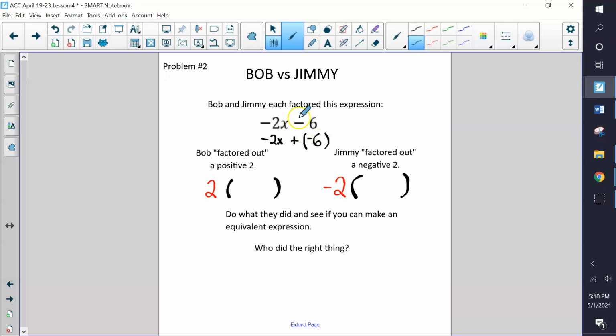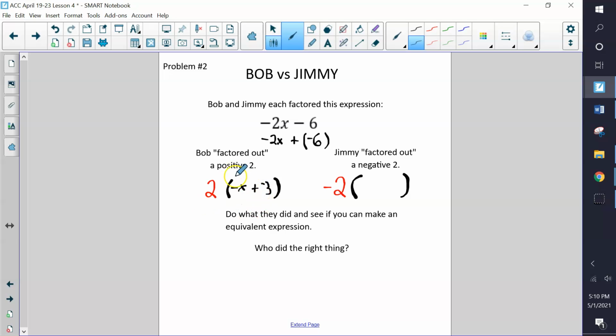You might start visualizing that minus sign being a negative symbol for the 6 and understanding we're adding those. So anyway, let's divide by 2. Negative 2 divided by positive 2 is going to be negative because there's only one number that's negative. Negative x plus, and then negative 6 divided by negative 2 is negative 3.